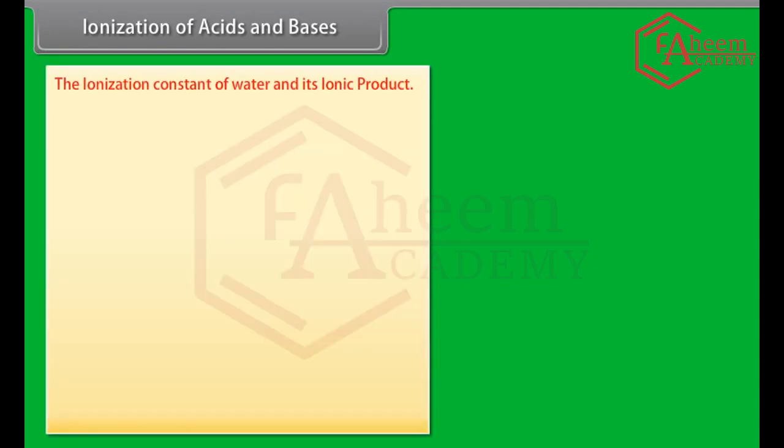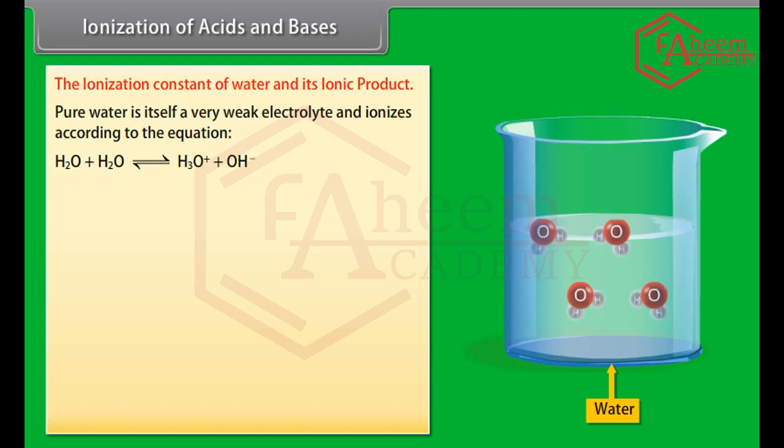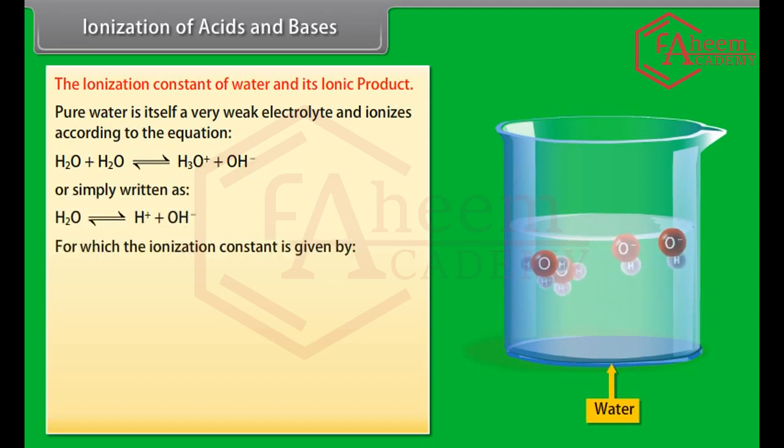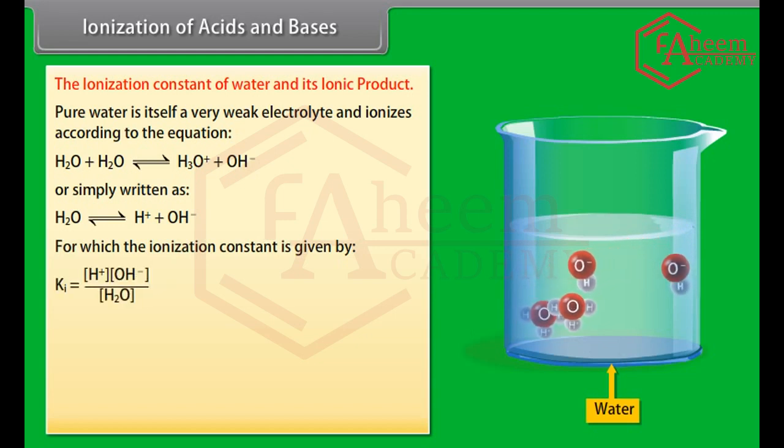The ionization constant of water and its ionic product. Pure water itself is a very weak electrolyte and ionizes according to the equation, or simply written as, for which the ionization constant is given by Ki equals the concentration of H+ times the concentration of OH- divided by the concentration of H2O.